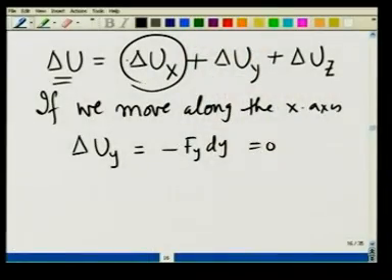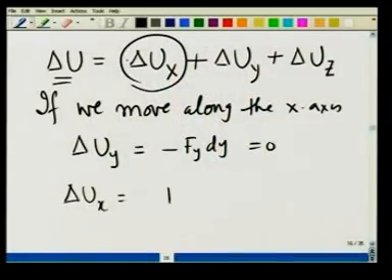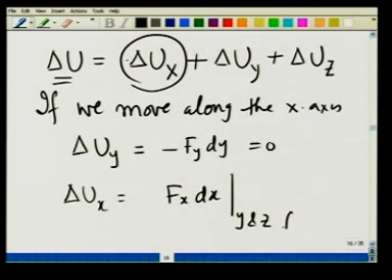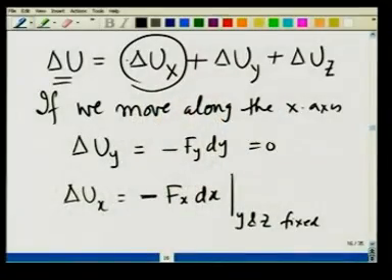So if I keep y and z fixed, I have delta u x, which is equal to fx dx, keeping y and z fixed. No work is done against forces in the y or z direction when I move along the x-axis. Let me put a minus sign here because this is a force applied by us.